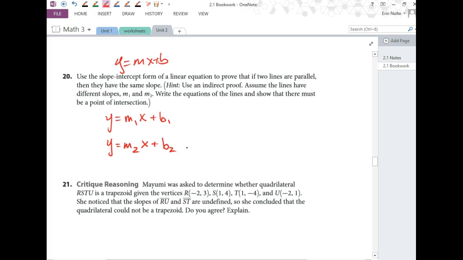Okay, so understanding that the m sub 1 value is a different number than the m sub 2, ditto with the b sub 1 and b sub 2. That makes sense there?